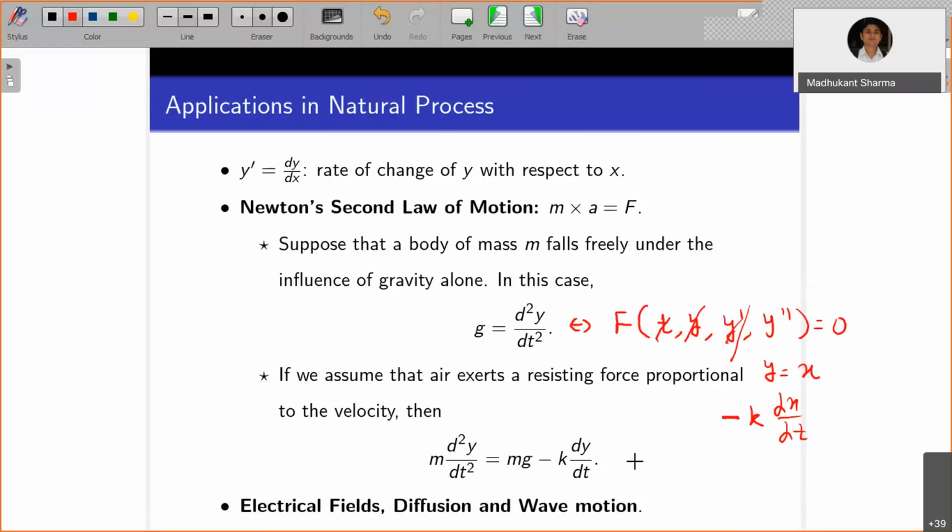Similarly in this case, t is not there, so I don't write t. It's going to be y dash and y double dash; I use only them as variables. The rest I ignore because they are constants. If something is a function of t, I will certainly mention it.